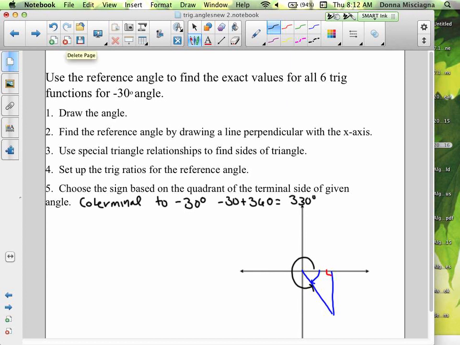And then our reference angle, we're in the fourth quadrant. So if my principal angle equals 330 degrees, what do I do to find my reference angle? Scott?